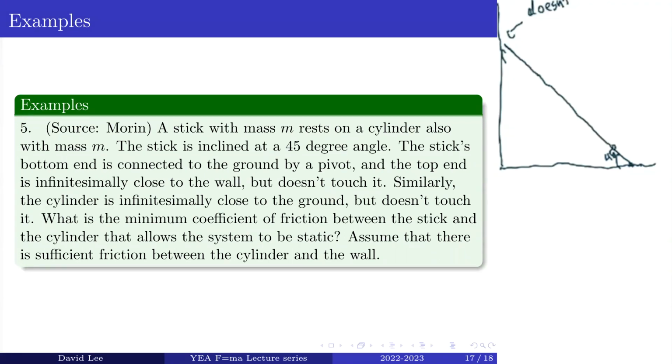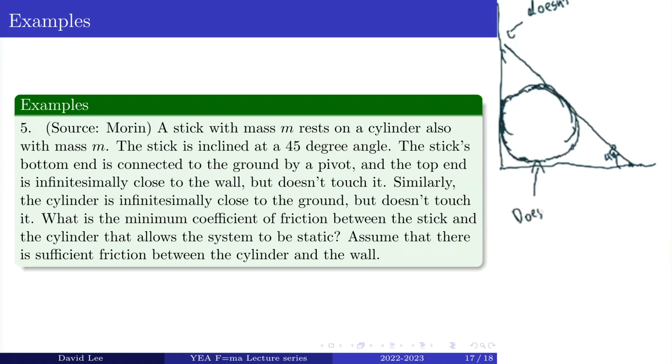So then you might ask, well, what's holding the stick up? Well, it turns out there is a cylinder here. The cylinder touches the left wall, and the cylinder also touches the stick, and it goes down, and it almost touches the ground, but it doesn't actually touch the ground. So it's infinitely close to touching the ground.